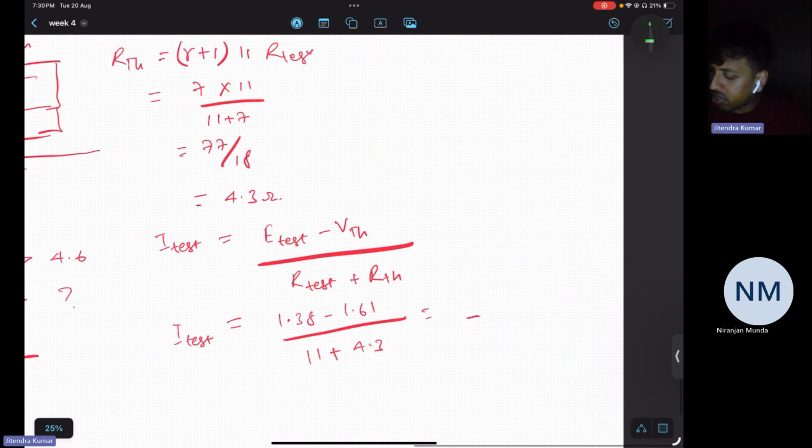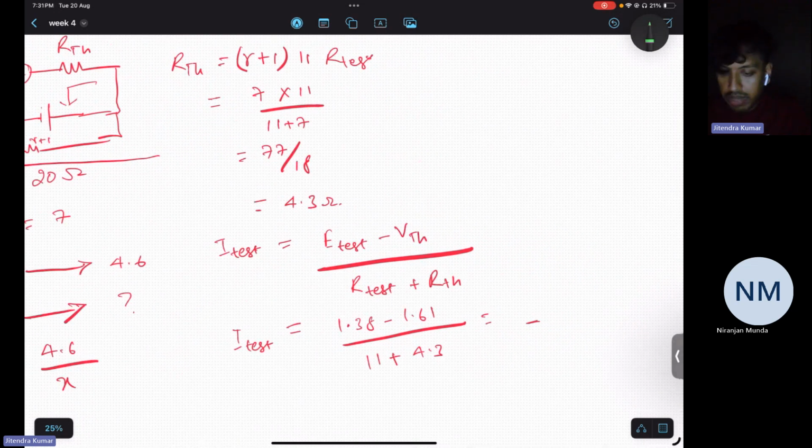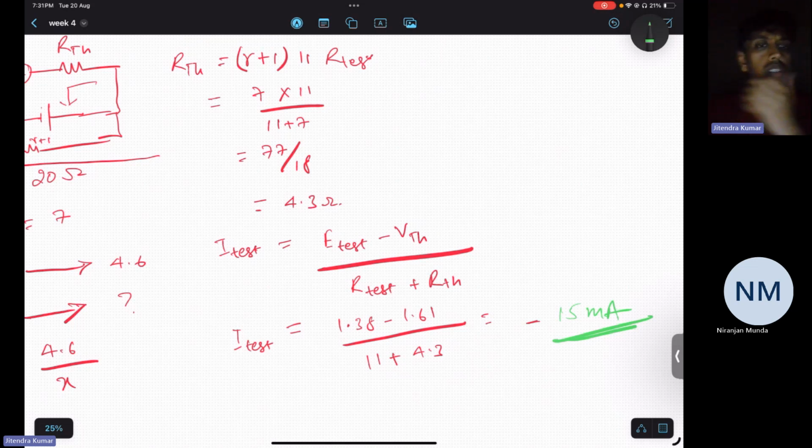So it is equal to minus 15 milliampere. I hope you will get the same value.